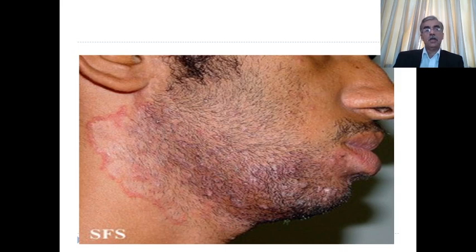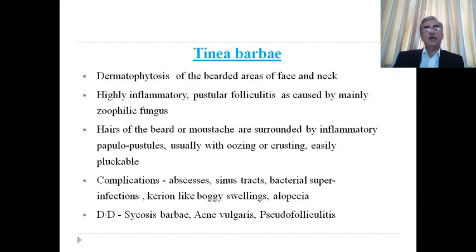Another patient of tinea barbae or tinea faciei, as we have already discussed, when the beard area is involved, then it is known as tinea barbae. And in tinea barbae, the lesions can be different to some extent, because when hair follicles are involved, then pustular folliculitis is the clinical picture, commonly caused by a zoophilic fungus, and highly inflammatory lesions can be there.